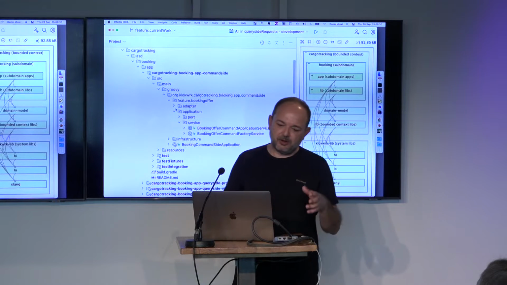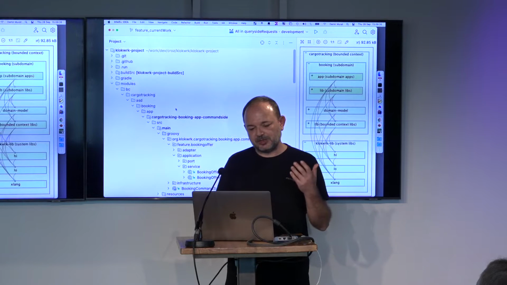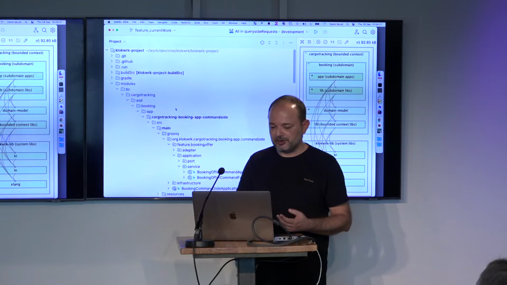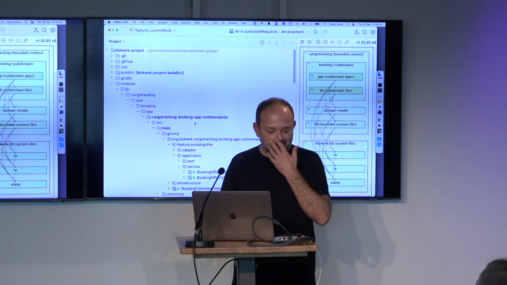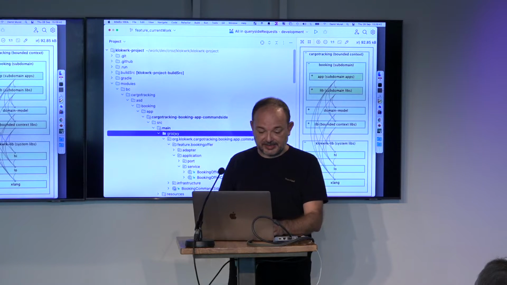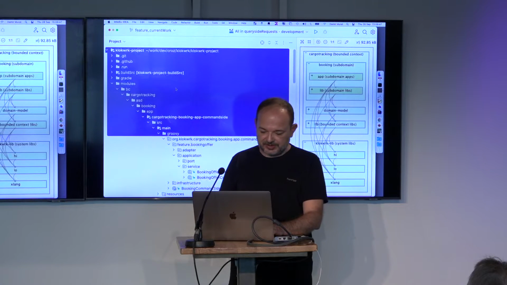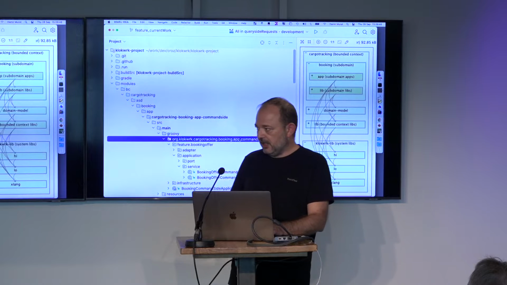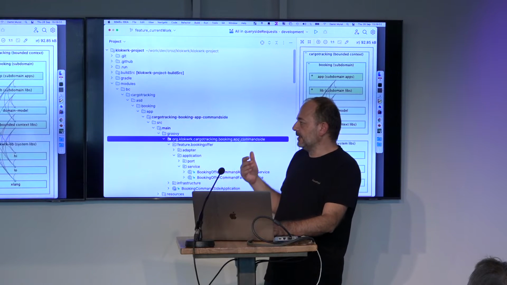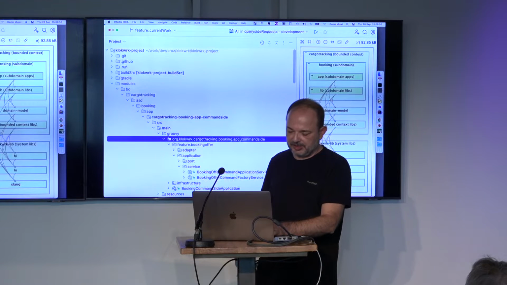What we are looking here on the left is actually the default way in which IntelliJ IDEA represents your project. We have a mixture of different hints here. For example, we see the elements of the file system, but we also see the packages. And this is probably the way you are used to look at your project.